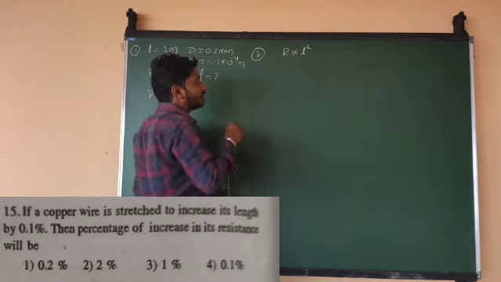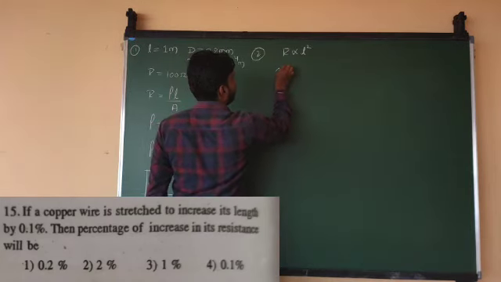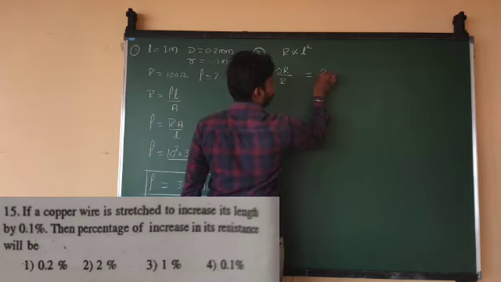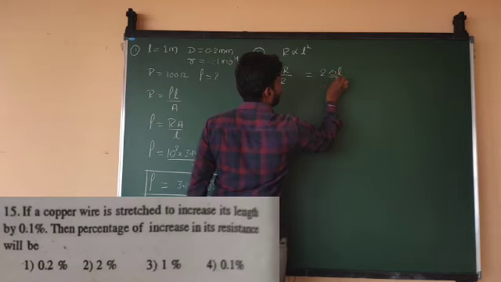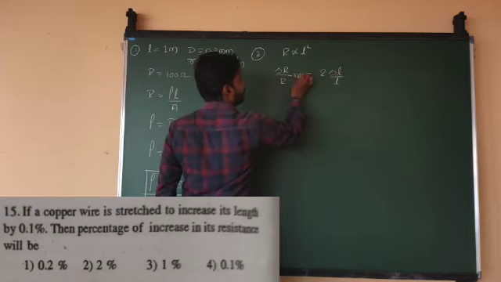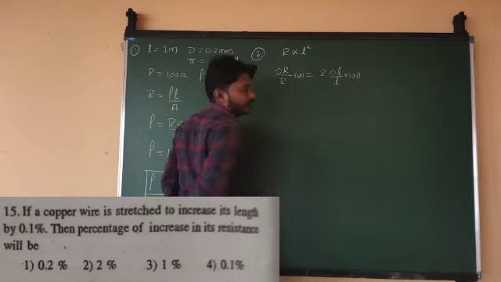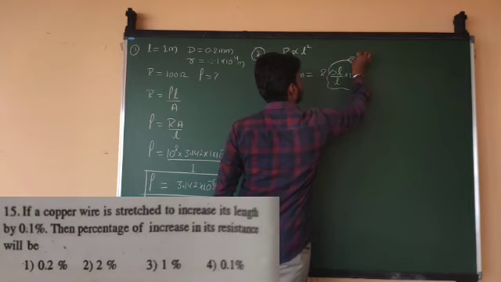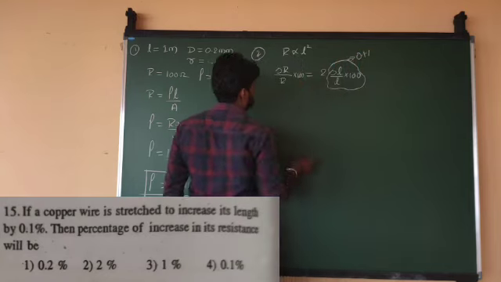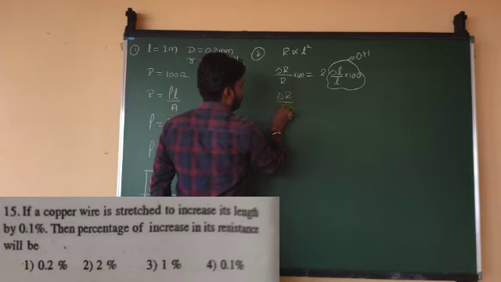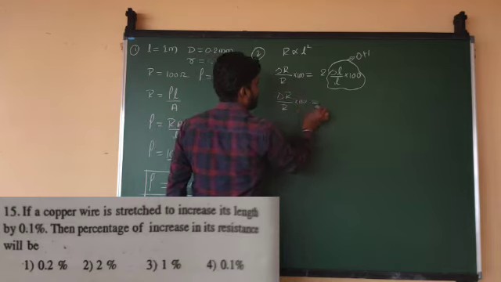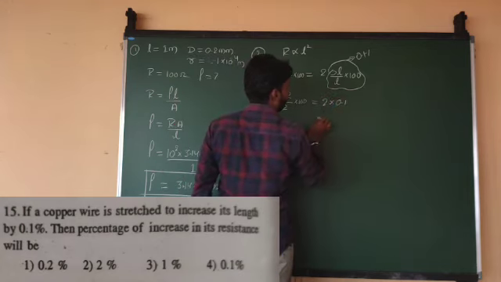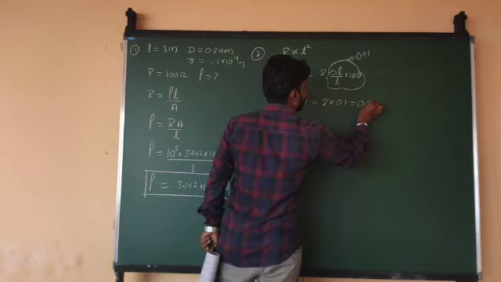For a small change in length, delta R by R is equal to 2 times delta L by L. In terms of percentage, multiply by 100. The length is increased by 0.1 percentage, so delta R by R into 100 is 2 into 0.1, which is 0.2 percentage.